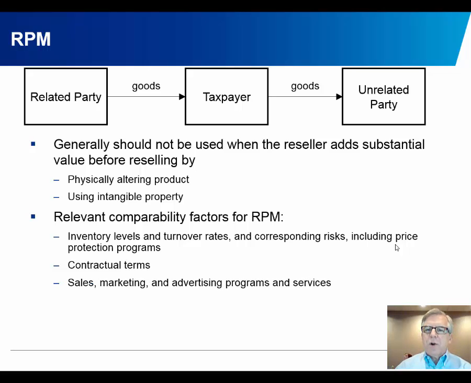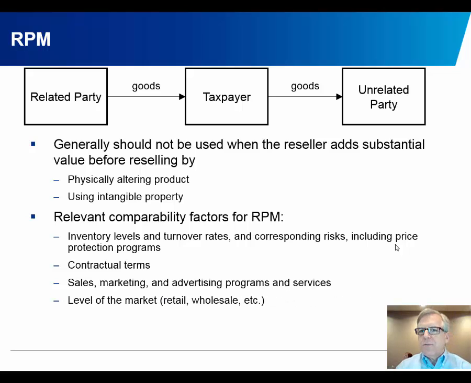What kind of sales, marketing, and advertising programs exist? Often when someone is a distributor, the manufacturer is willing to participate with them in sharing the cost of advertising. Well, if you're trying to compare a controlled transaction to an uncontrolled transaction, you either want that to be the same or to be able to make an adjustment so that you can take that into account properly.